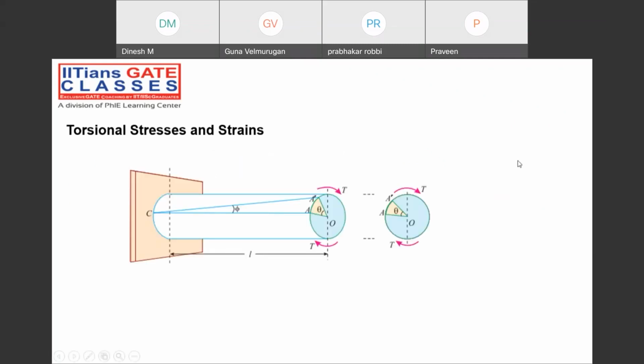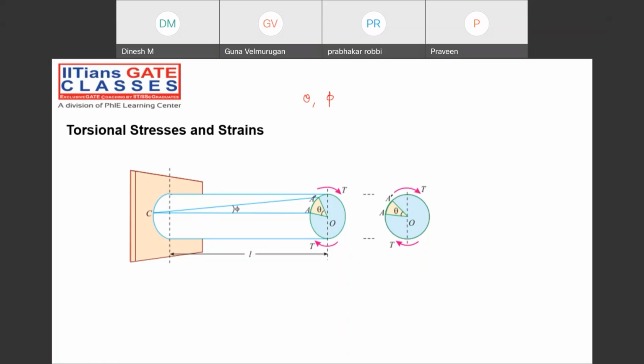Before discussion of those things, just note this diagram. One of the very important topics is torsional stresses and strain. You need to understand two things, theta and phi. What is the meaning of theta? What is the meaning of phi? First of all we need to understand that. Whenever there is a circular shaft having length L and diameter D, when it is twisted, try to imagine the 3D figure of the twisting.